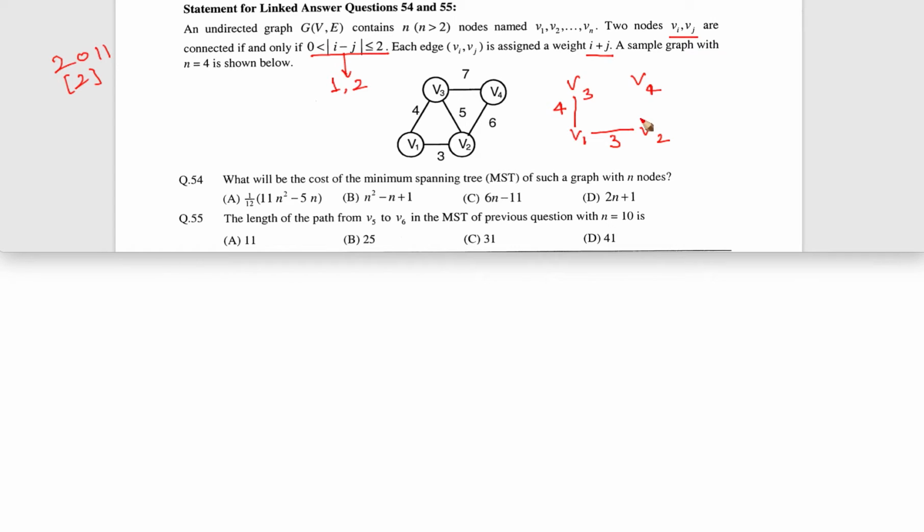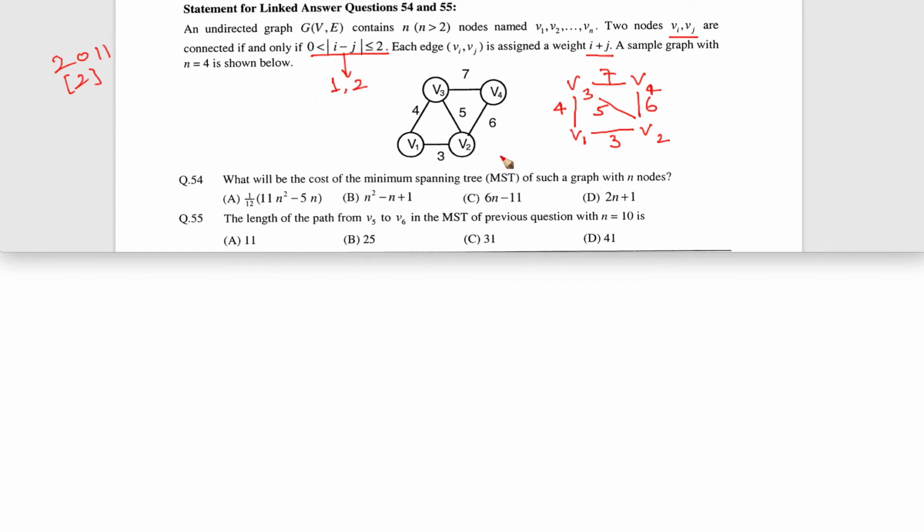V2 will be connected to V3 and V4, because modulus has to be either 1 or 2. So in that case 3 plus 2, this edge is 5, 4 plus 2, this edge is 6, and then we go to V3. V3 is connected to V4 and there is no V5, that's why only this connection exists. And this edge is 7. So you see that this is the exact same graph which they have given in the example.